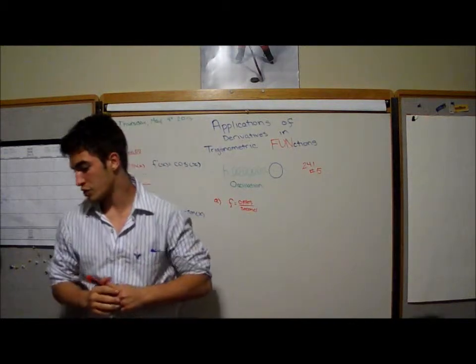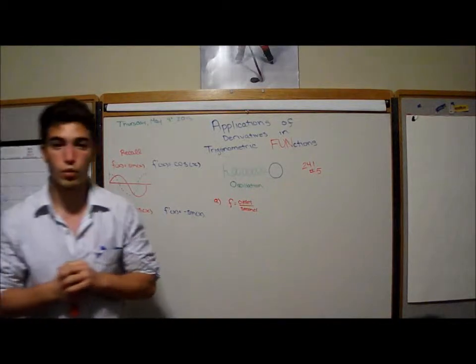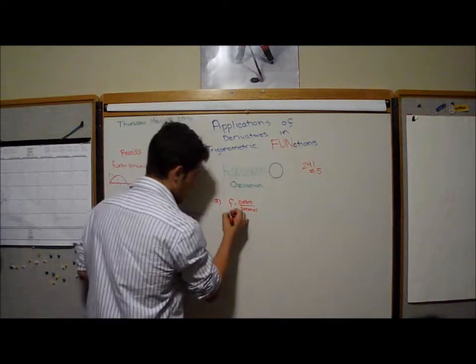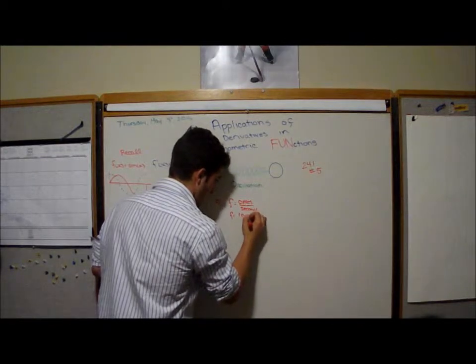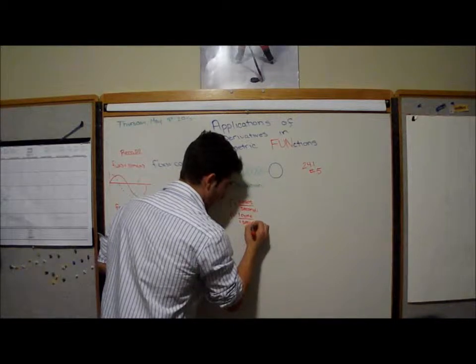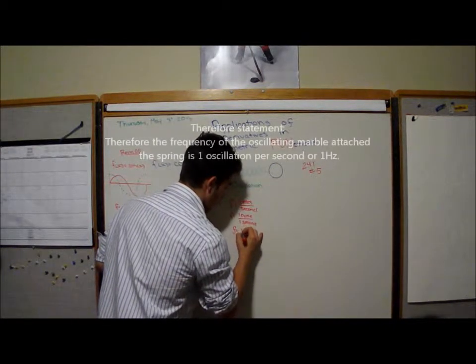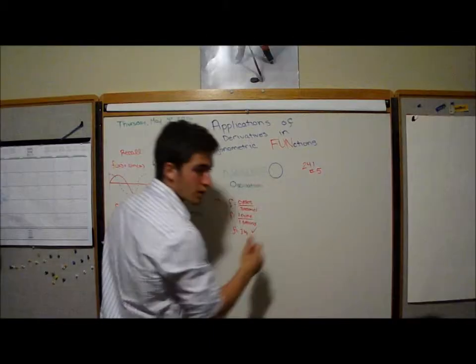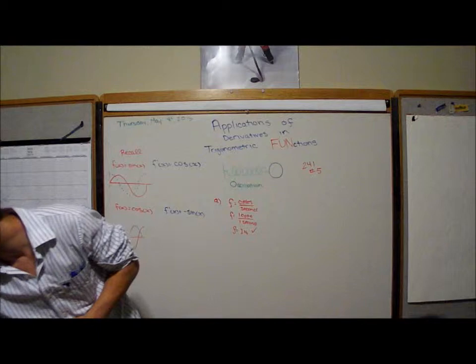And because the question states that it completes 1 oscillation every 1 second, that tells us 1 cycle per 1 second. The frequency is equal to 1 hertz. That is one simple bread and butter mark. And let's move on to B.